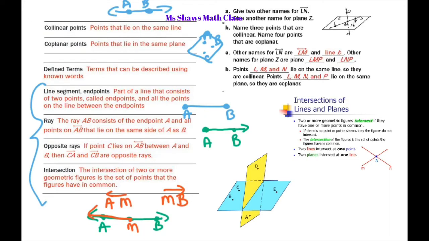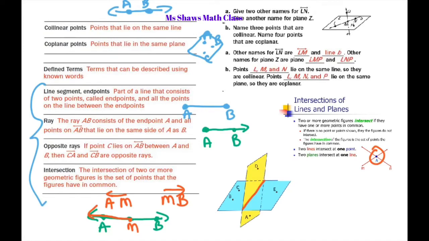And intersections: the intersection of two or more geometric figures is a set of points that the figures have in common. So the intersection of two lines would be 1 point, and the intersection of two planes would be a line.